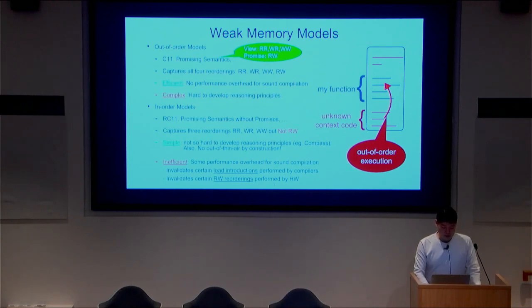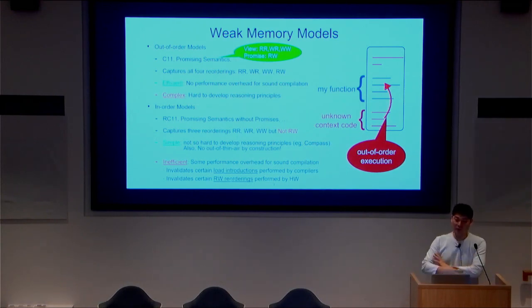But on the other hand, it's in some sense inefficient, because there is some performance overhead for sound compilation. For example, for RC11, certain load introduction optimizations are invalid, which may well be performed by compilers. And also, certain read-write load buffering reorderings performed by hardware are invalidated.